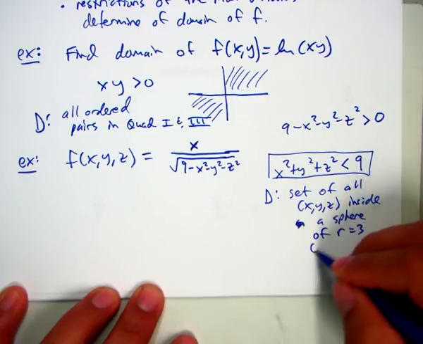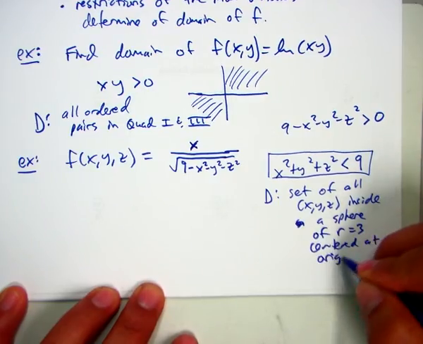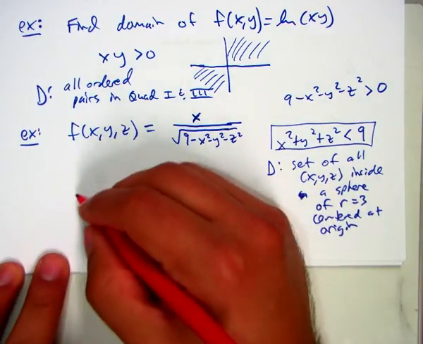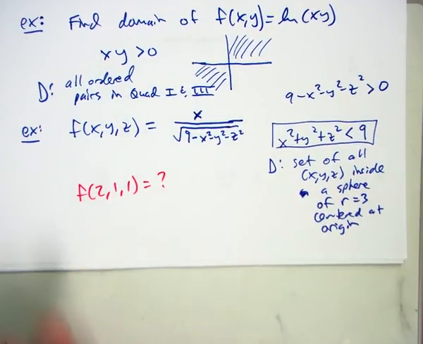Centered at the origin, not just any sphere. Good. Okay. And staying with the same function, what's f of 2, 1, 1 going to be? How do we find that?